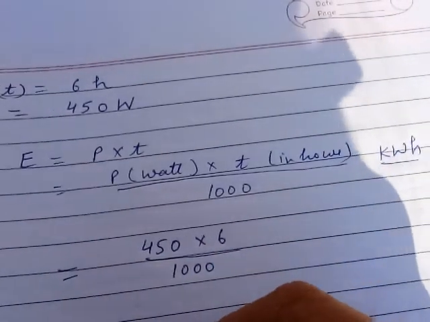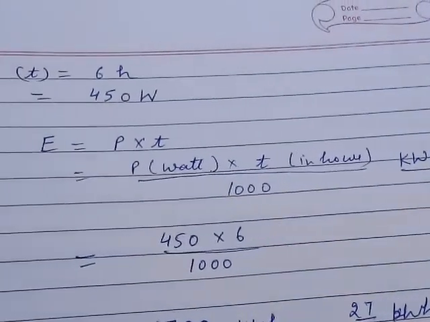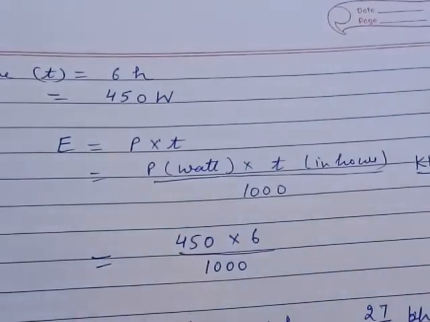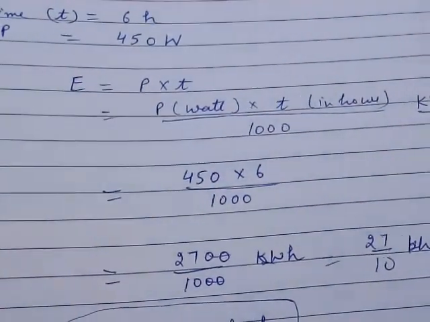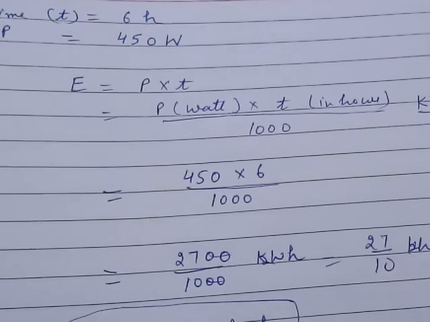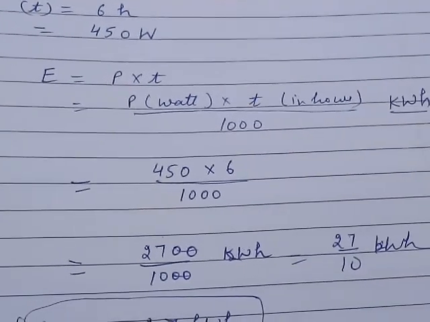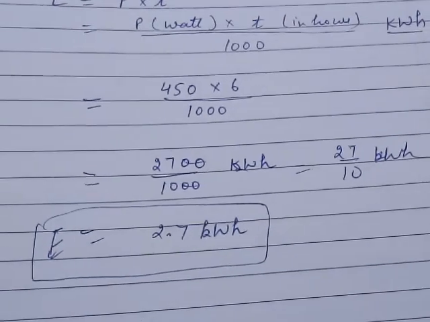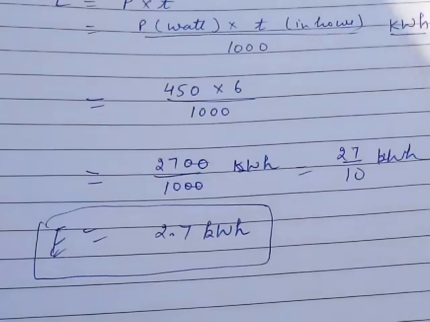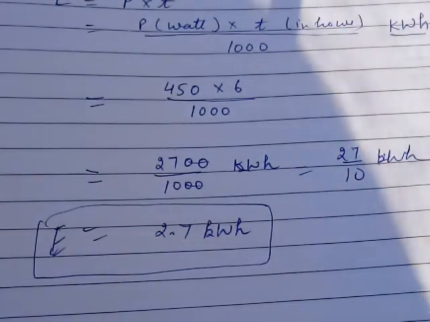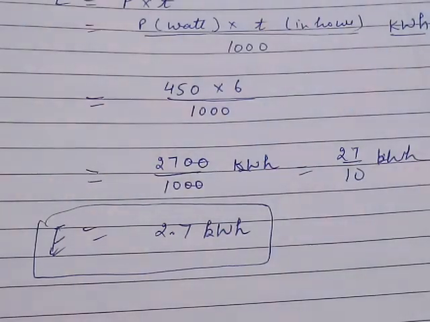After solving we get 450 into 6 is equal to 2700 upon 1000 kilowatt. It means 0 से 0 cancel, then we have 27.10, that is 2.7 kilowatt hour. Okay, the energy consumed by the electric iron is 2.7 kilowatt hour.